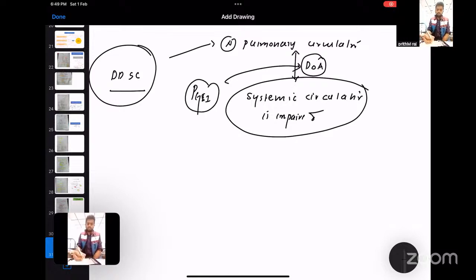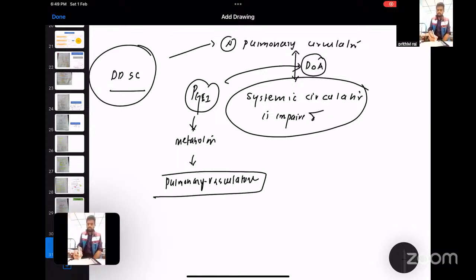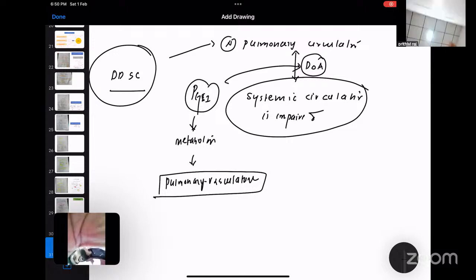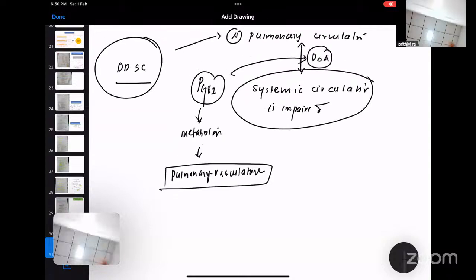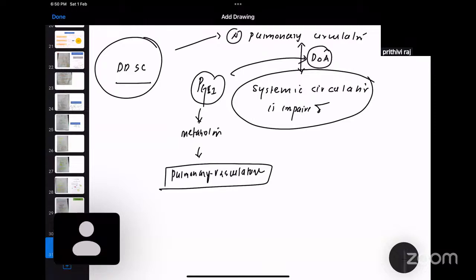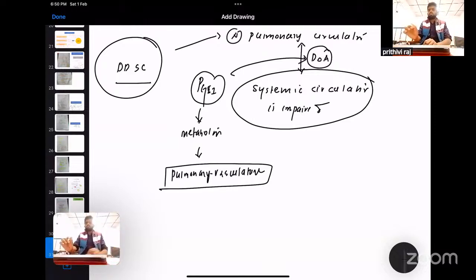And you should know that prostaglandin E1 metabolism happens in the pulmonary vasculature.